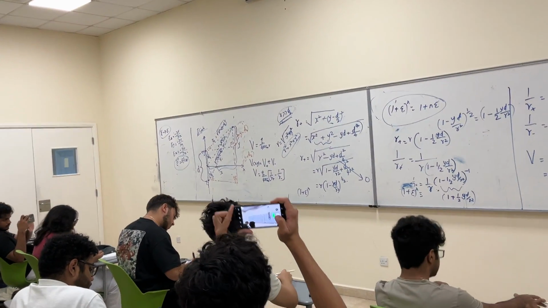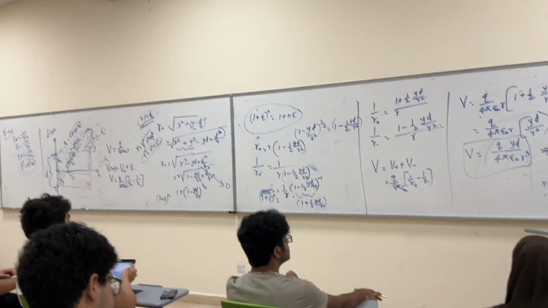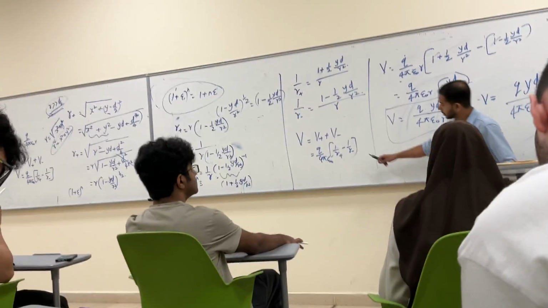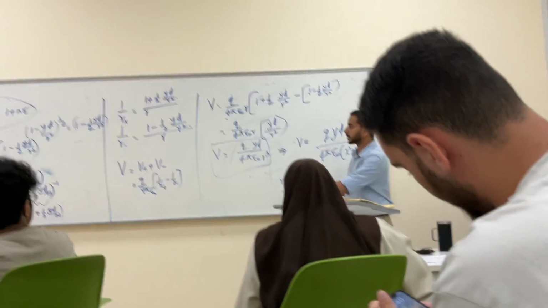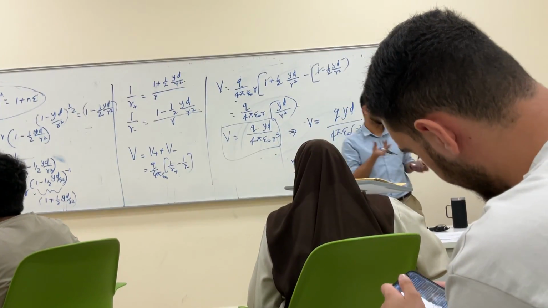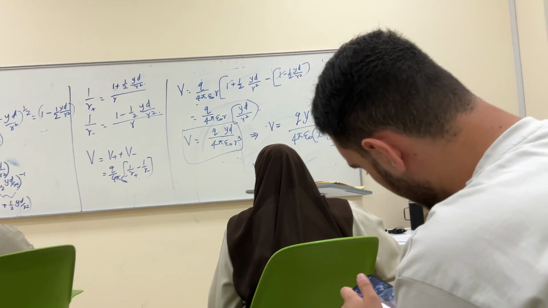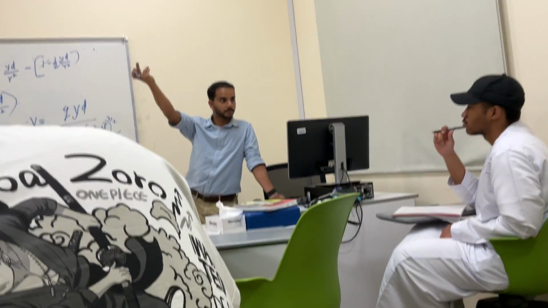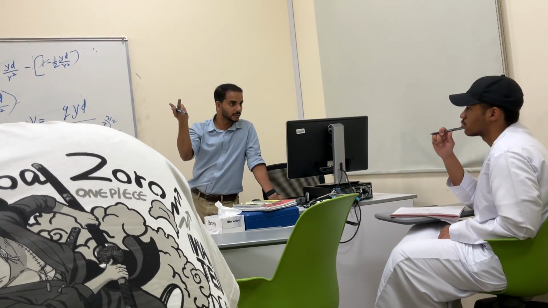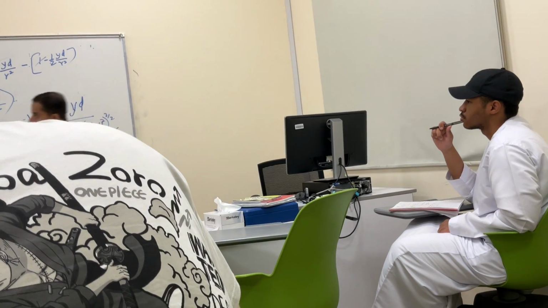Isn't this supposed to be 1 over R minus 1 over R plus? No. When you represent the potential, it doesn't have any direction. When you represent the potential for a negative charge, you always represent with the charge value, so it's a magnitude.